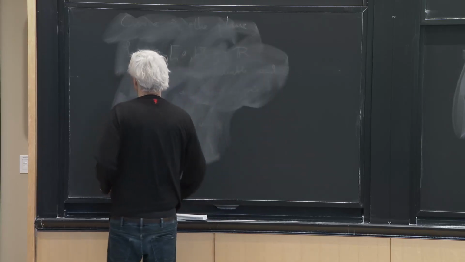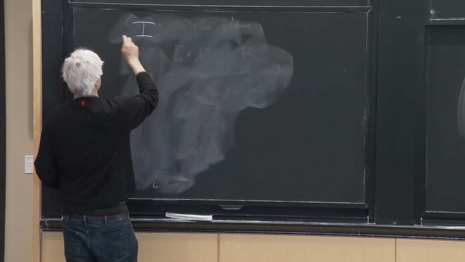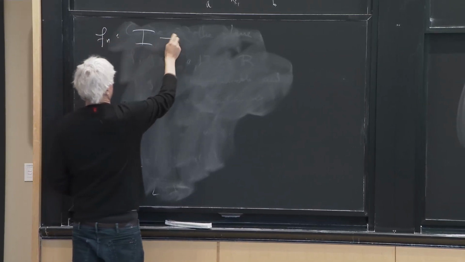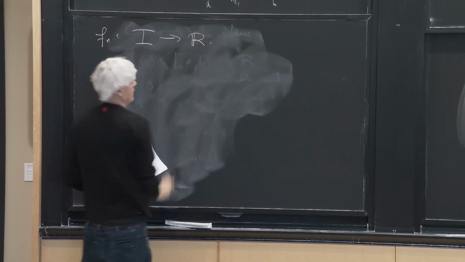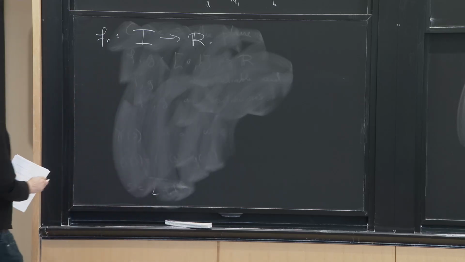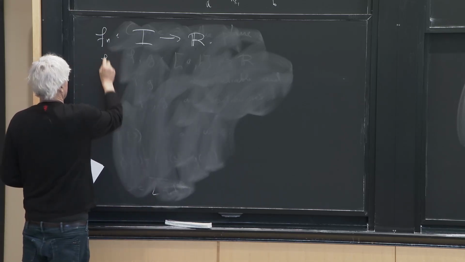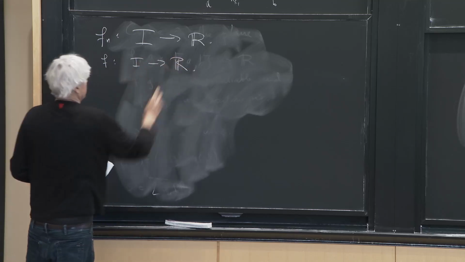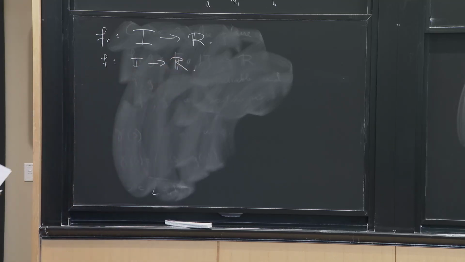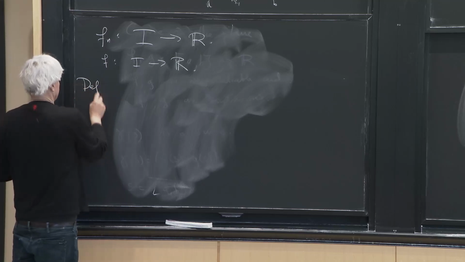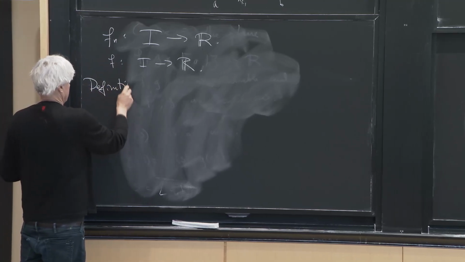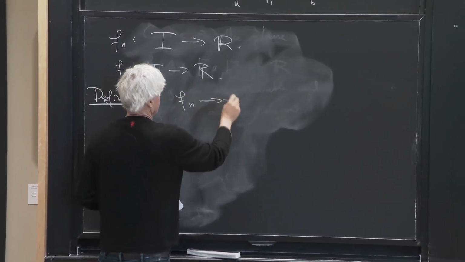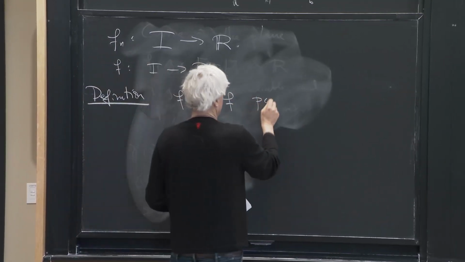Suppose you have some interval I, and a sequence of functions f_n, and another function f also on this interval. Then this is the definition: we say that the sequence converges to f pointwise.